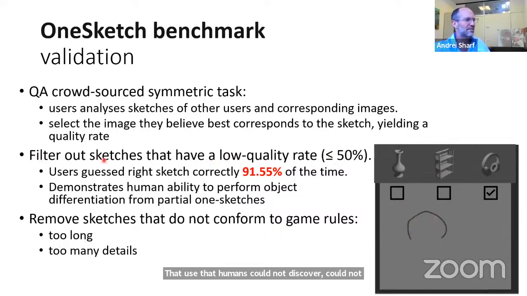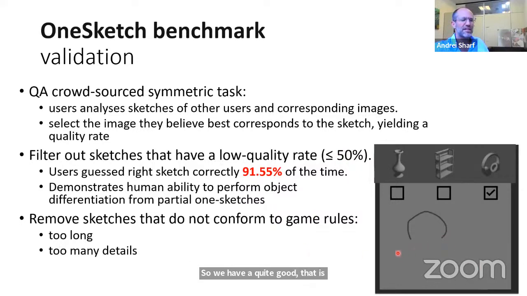We look at all the sketches that receive more than 50% accuracy in the human task. Actually, our data was made quite good. We obtained 91% of the sketches passing this quality rate. So we have quite a good data set.